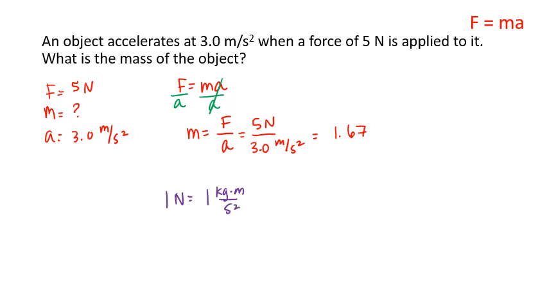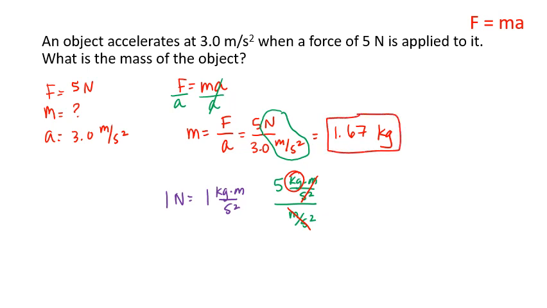So here, in these units, what it actually means is we have a newton, so 5 kilogram times meters divided by second squared, all divided by meters per second squared. Here we have meters per second squared cancels out meters per second squared, and we're left with kilograms. Also remember that mass has to be in kilograms. So as long as your units are correct to begin with, then you can just simply put kilograms as your units.